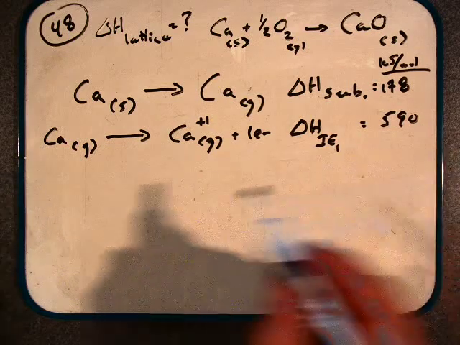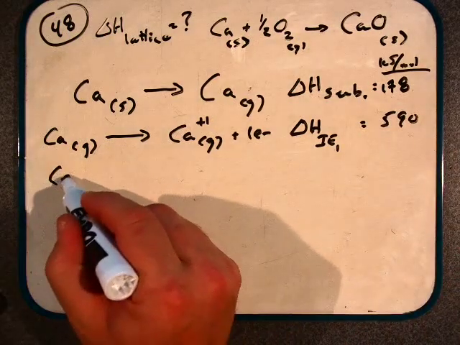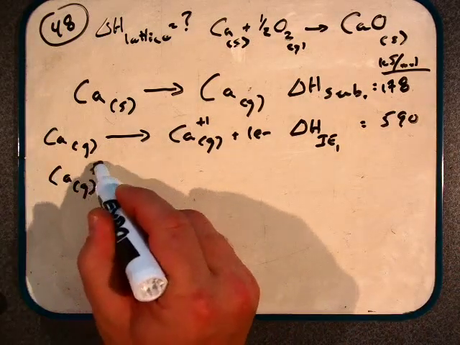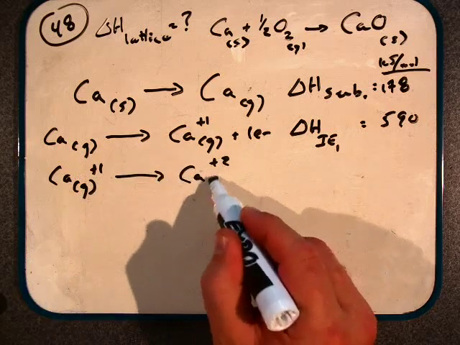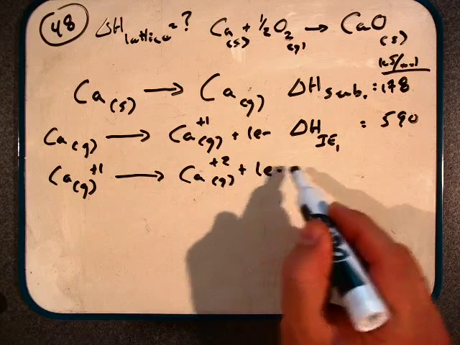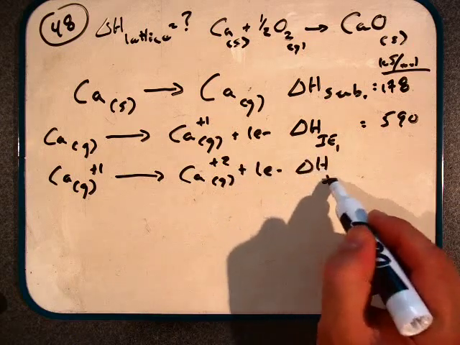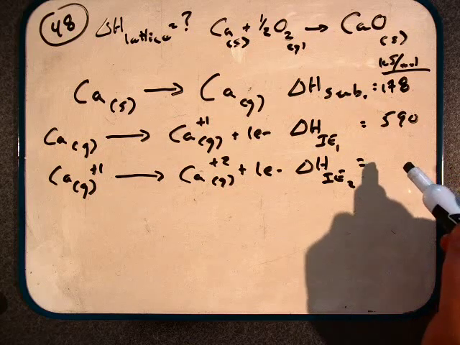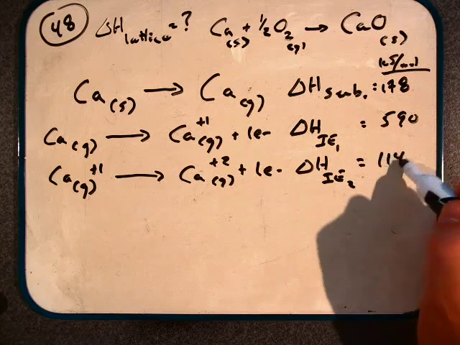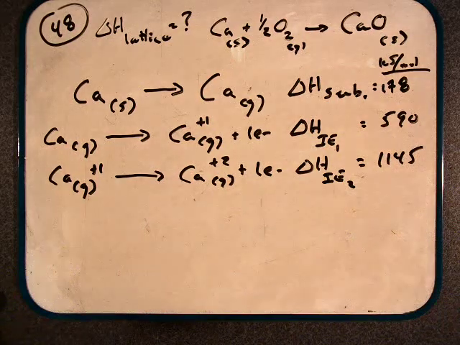That's to lose the first electron. And then we have calcium plus 1 that's going to go to calcium plus 2. And that would be our second ionization energy, which is 1,145 kilojoules per mole.